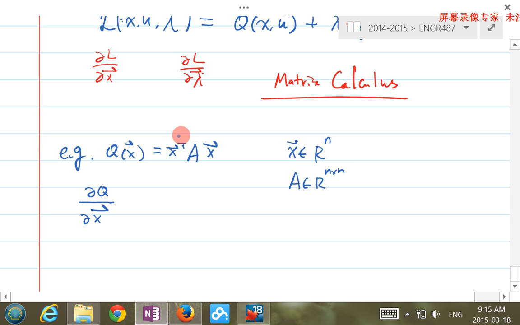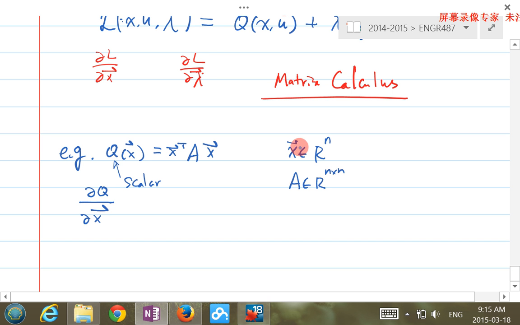Then Q is actually a scalar here. It's a scalar function, a function of x1, x2 to xn.